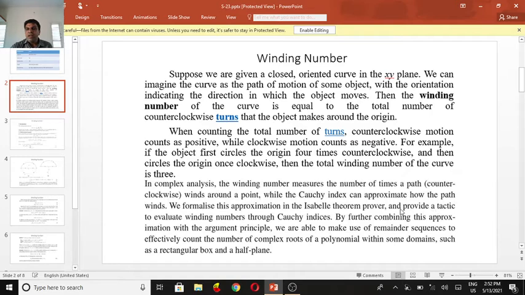We provide a tactic to evaluate a winding number through Cauchy indices. By further combining these approximations with the argument principle, we are able to make use of a remainder sequence to effectively count the number of complex roots of a polynomial within some domains, such as a rectangular box and a half plane.